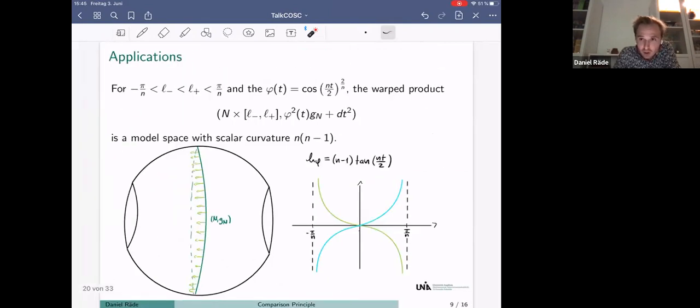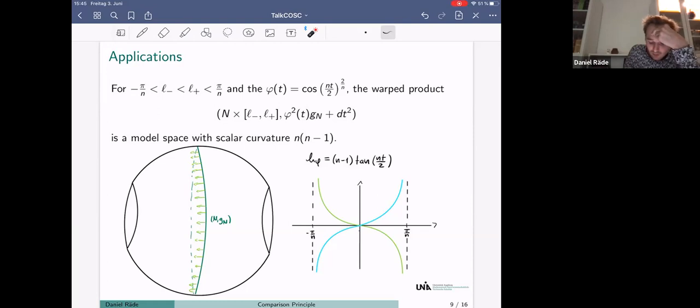Much ado about something. So let's do the application part. Let's look at warped products. The first one that we try to look at is, okay, we have this L minus and L plus, from minus pi over n to pi over n. And you take this cosine function with the appropriate scaling in the exponent that you need.